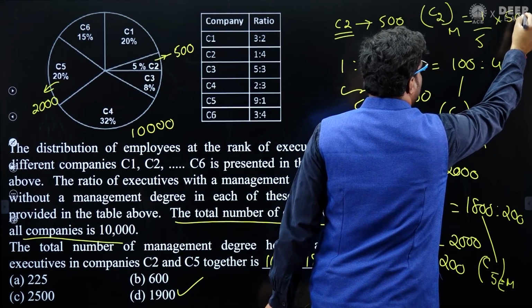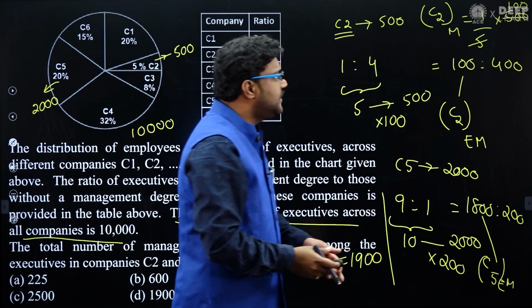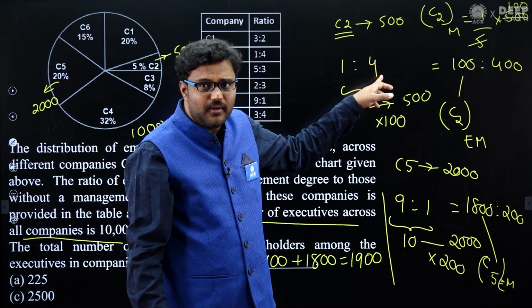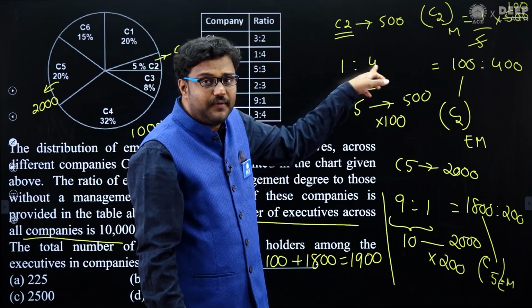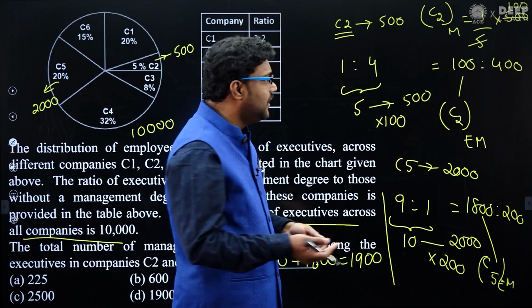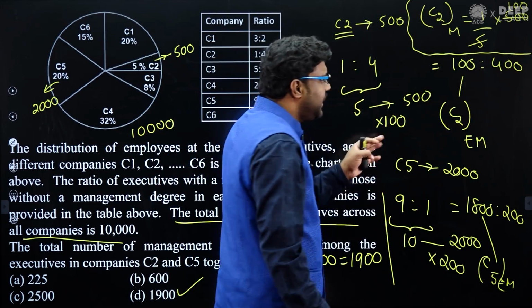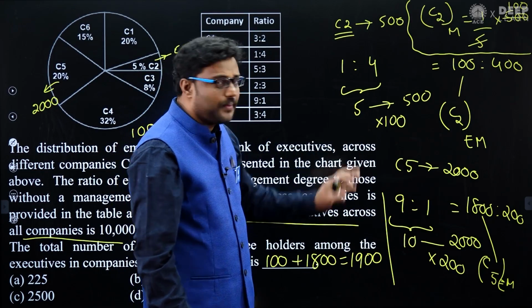Yes, you can do it like that also. It's your wish how to do the calculations. As it is 1:4, management degree is 1 out of a total of 5, so 1 divided by 5 into 500, you can also do it. That's all your choice, my dear friends, how to do the calculations. Yes, data is clearly mentioned. This is how we can process.